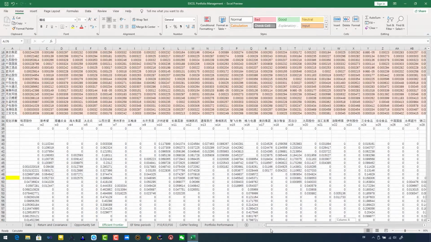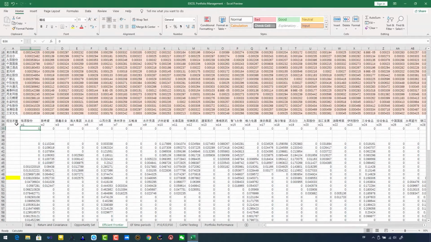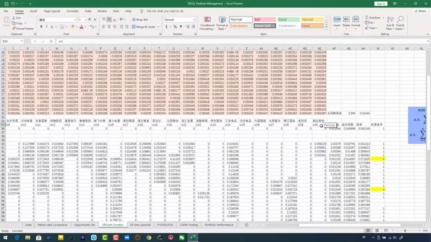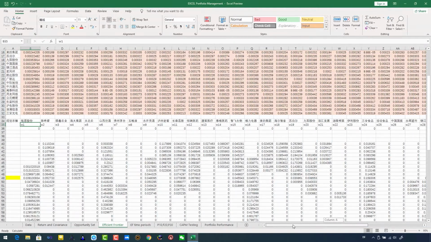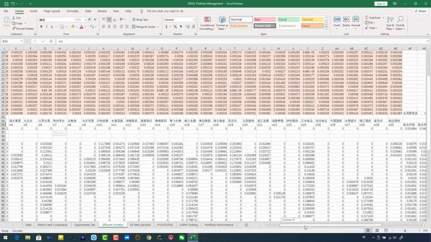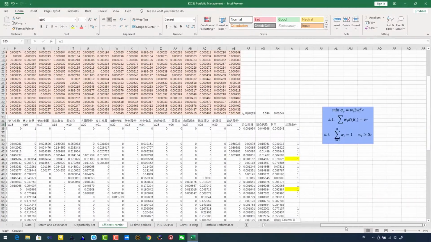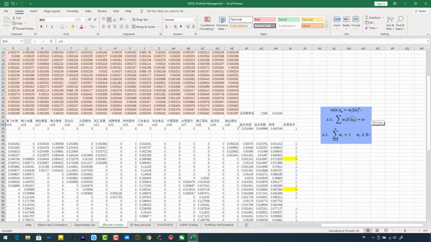So here in this part, we need to first set the weights W1, W2, up to W30, and we want to know the optimal weight for each individual stock of all these 30 stocks. And we know how we can invest in these 30 stocks.